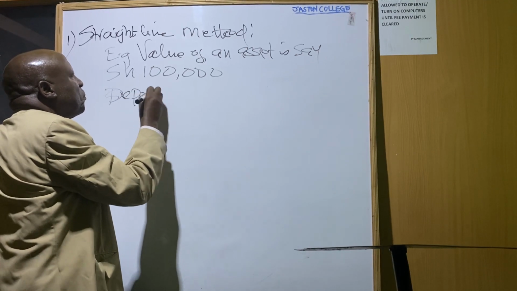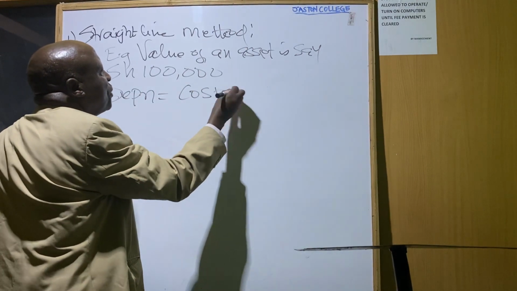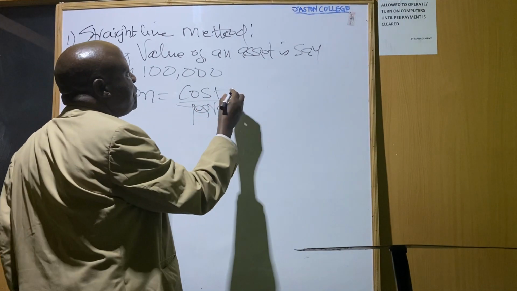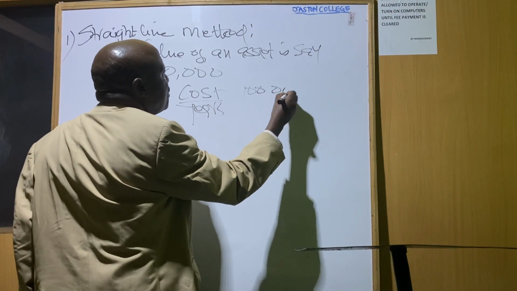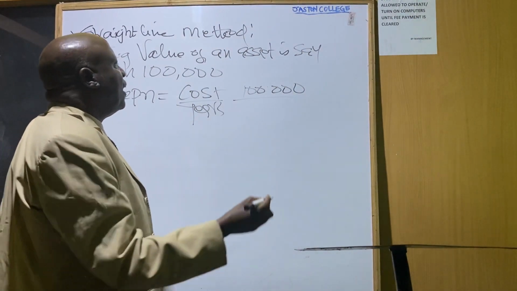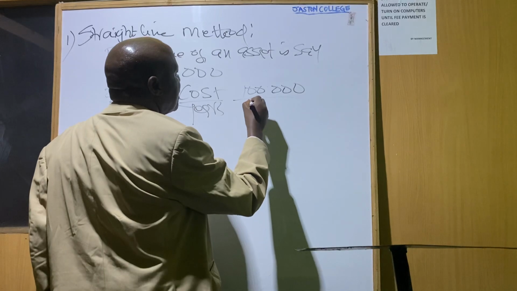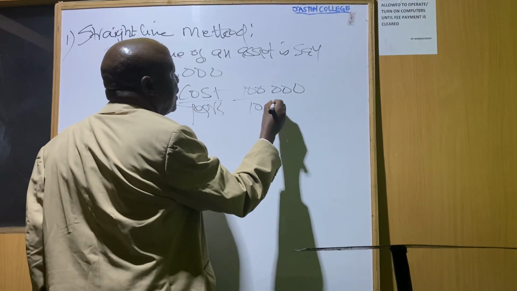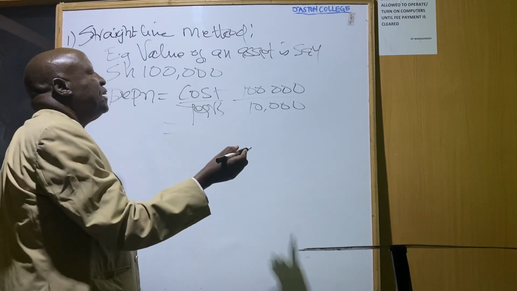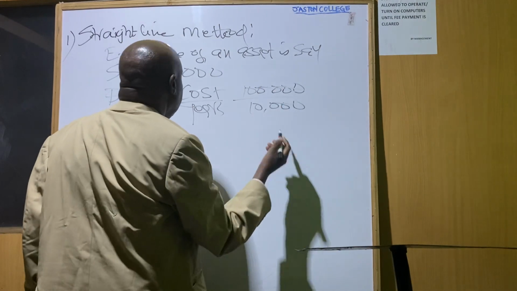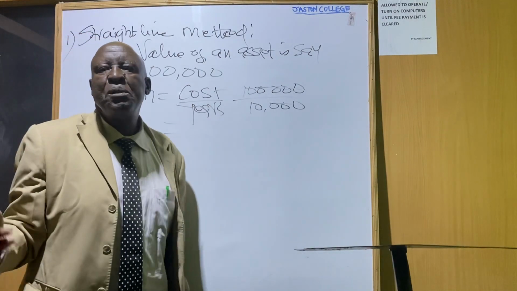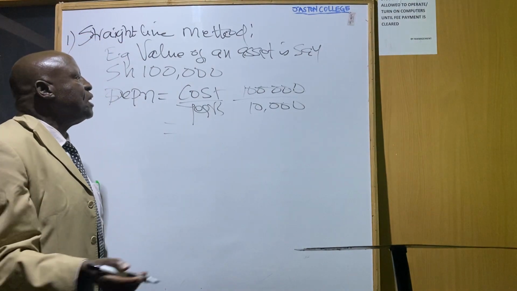depreciation is cost over the number of years. If the cost is 100,000 shillings and it will be depreciating at 10,000 every year, that means in 10 years time it will have been completely depreciated, isn't it?